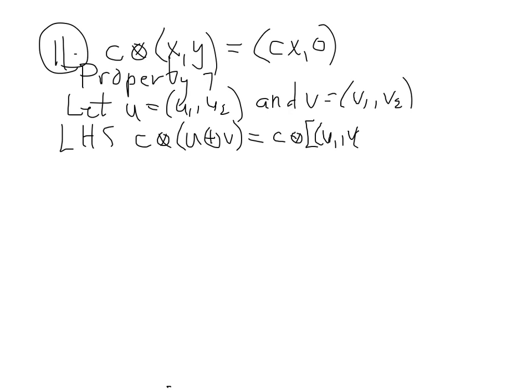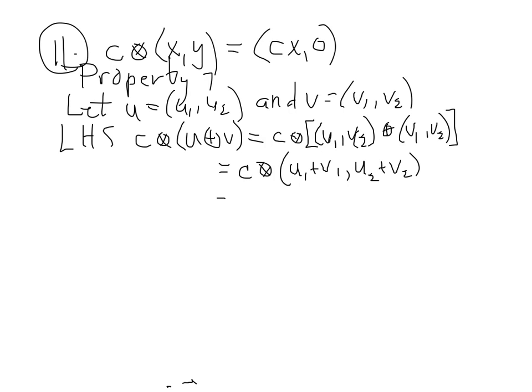U1, U2, and V1, V2, which is then equal to, well, we got to add first because they're in parentheses, C circle times U1 plus V1, U2 plus V2, and then we'll actually do the multiplication, which will be C times U1 plus V1, 0, which is really then CU1 plus CV1, comma, 0.